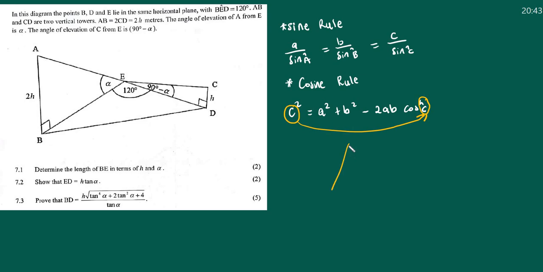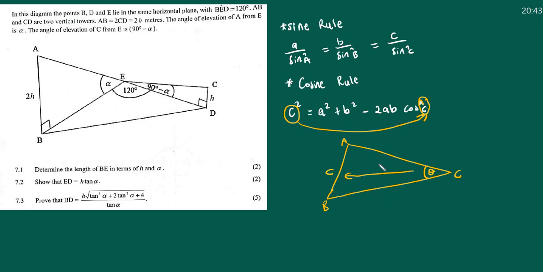So if I have a triangle like this with a, b, c, when I'm saying angle C, I'm talking about this angle, and c is the side that is opposite that angle. That is the important thing.